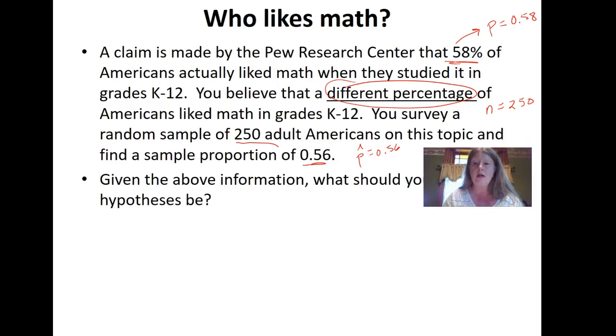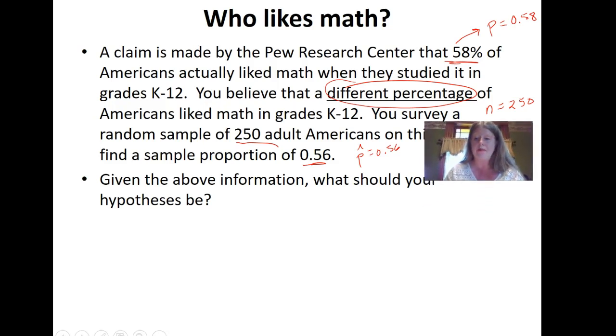So first of all, what would our hypotheses be? Our claim is that 58%, or a proportion of 0.58, liked math. We think something different's going on. We think it's not 0.58. So again, remember I have these three parts here.